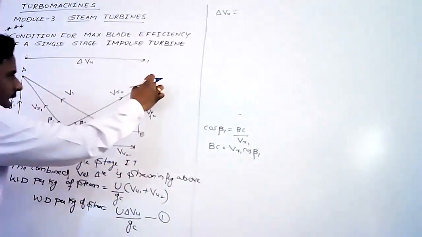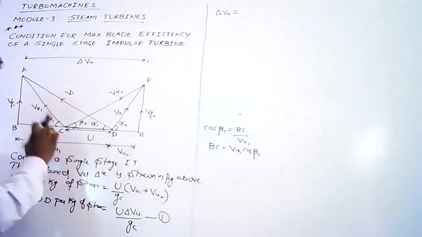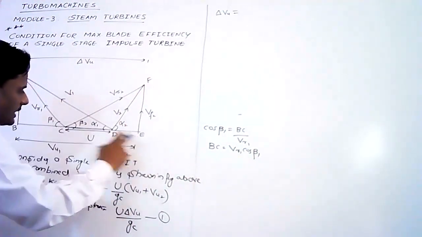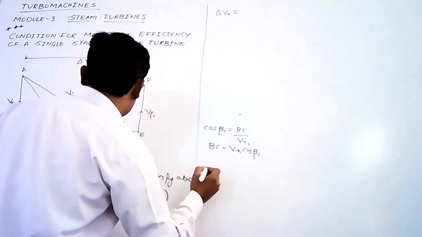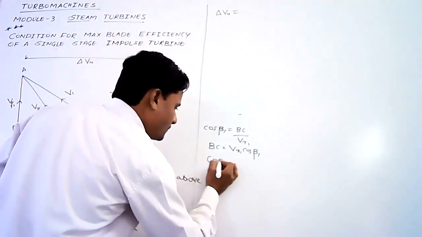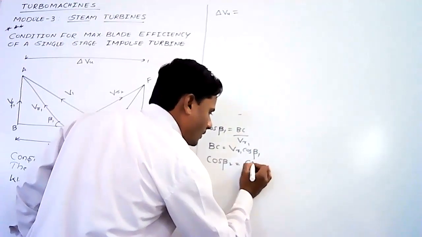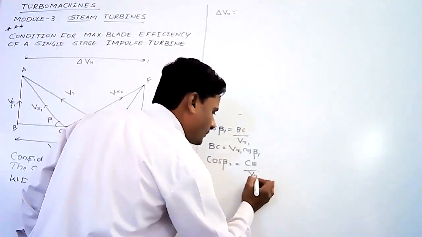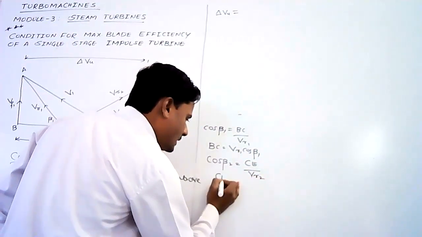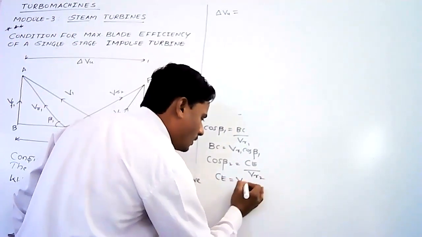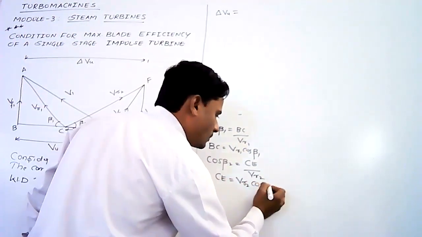Similarly, from the triangle FEC, I can write cos beta 2 equals CE by VR2, or CE equals VR2 cos beta 2.